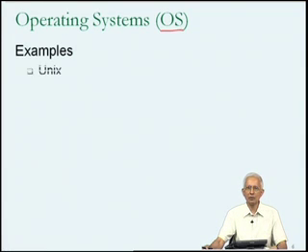Today, one of the more prominent operating system names that you may come across is Unix. Unix is the name of a family of operating systems which has been around for about 40 years now. It's been around for a long time. It has its roots in some design activity at AT&T Bell Labs, followed up by some design activity at some universities, both in Europe and in the US.